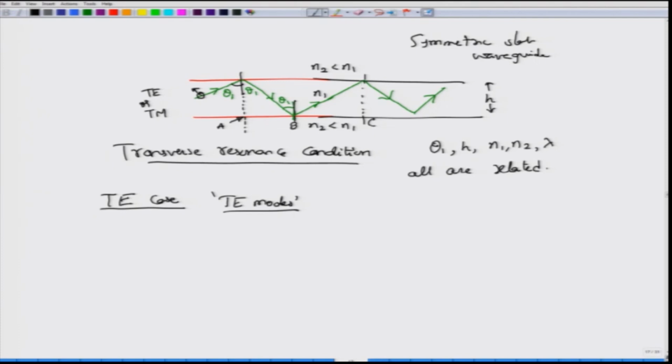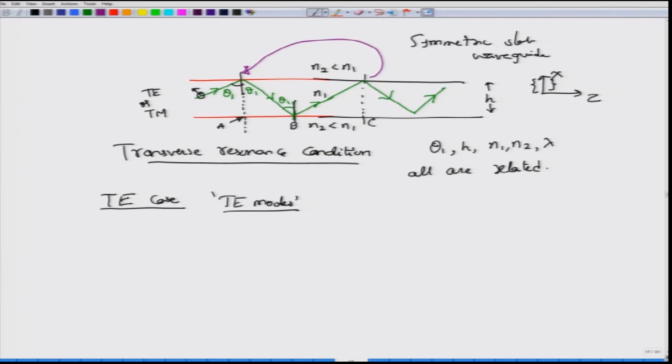What we now say is that in this traversal, if the overall phase shift in the direction perpendicular to the film, that is along the x direction, for example, happens to be an integral multiple of 2 pi, then the field at point C would be in phase with the field at point A, and this wave can then undergo further reflections and sustain itself or be guided from one point to another.